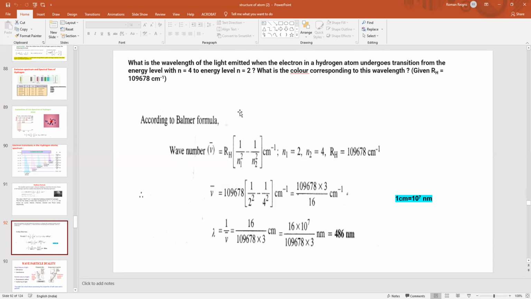That's why n equal to 4 will be placed in place of n2, and 2 will be placed in place of n1. By substituting all the values, you will get the value as 4486, sorry, my mistake, 4 not 4486.